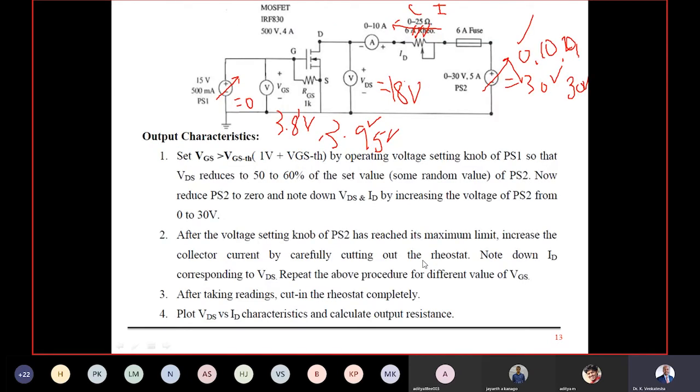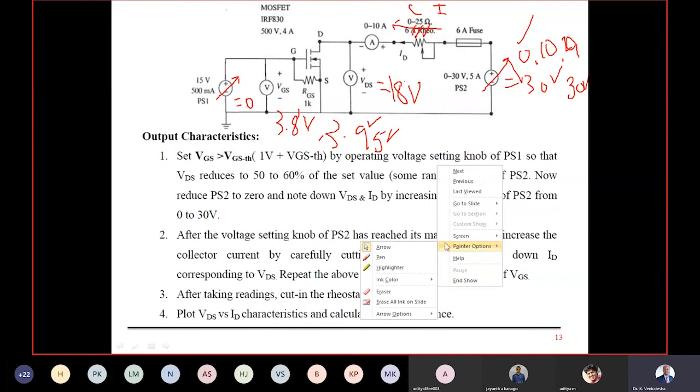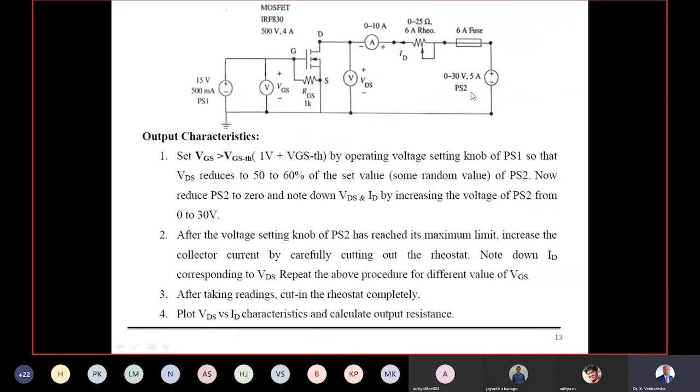Then next, make your PS2 0 and vary PS2 to 10, 20, 30 volt and note down your VDS and ID readings. Then again, cut out the rheostat gradually, not more than 50%. Take another three readings, tabulate them and plot. That plot we call the output curve or output characteristics of your MOSFET.